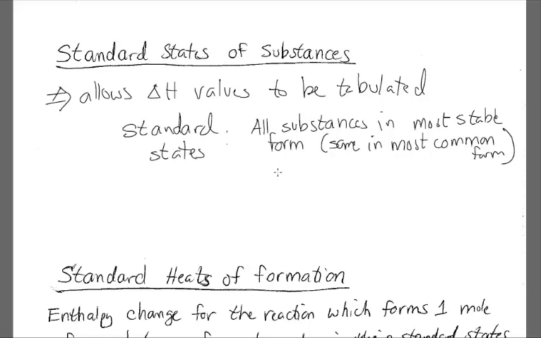But those are exceptions. And it's at 25 degrees C and 1 atmosphere of pressure. So if something's at 25 degrees C and 1 atmospheric pressure and it's in the most stable form, then that is its standard state. When we're talking about solutions, 1 molar is the standard state of a solution.